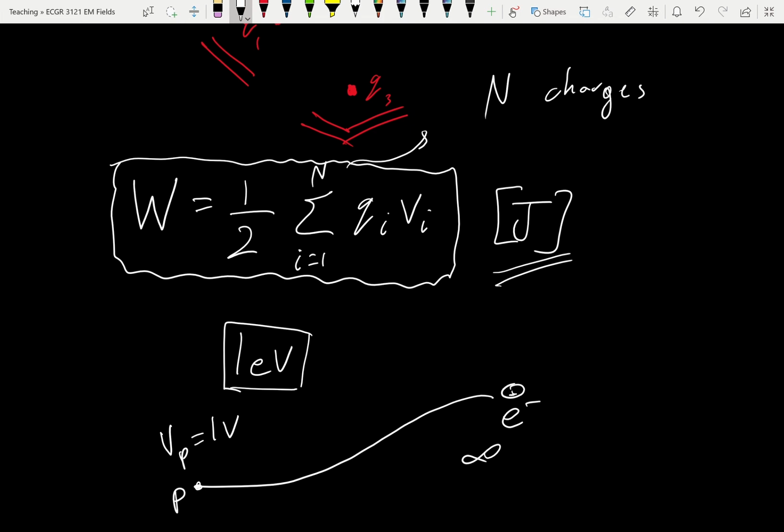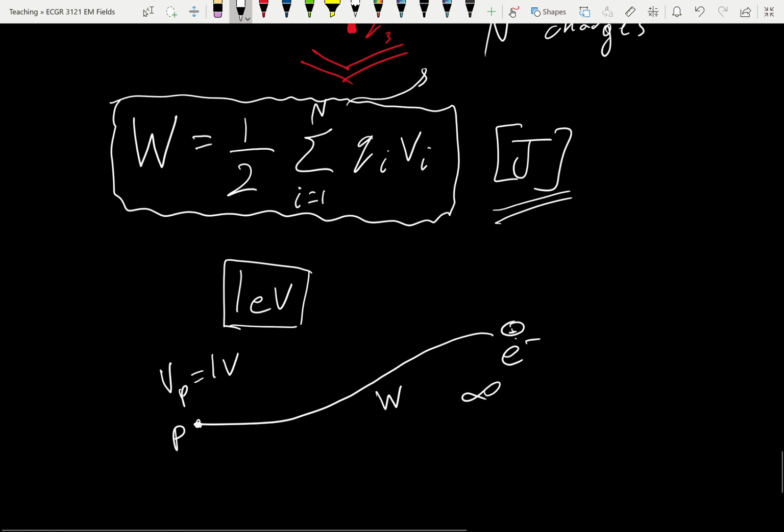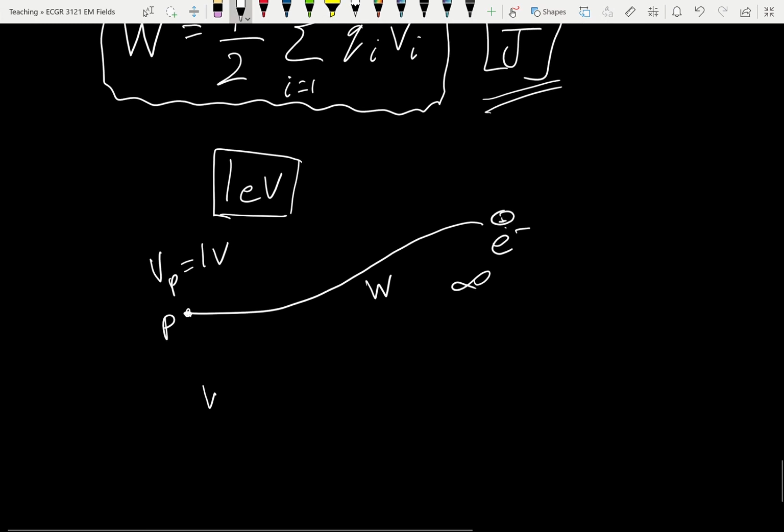So moving an electron from infinity to a point where the voltage is 1 volt, the energy expended in doing that is equal to 1 electron volt. So what's that energy, by the way? What's 1 electron volt?